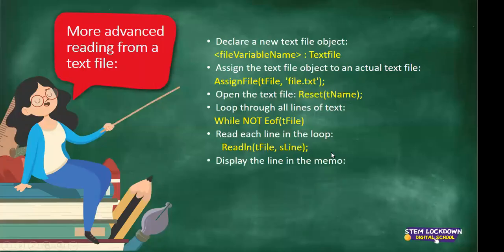So now that I've got that line in sline, I want to display that line in the memo, and you all know that that's mem output.lines.add, and what am I adding? I'm adding the sline.